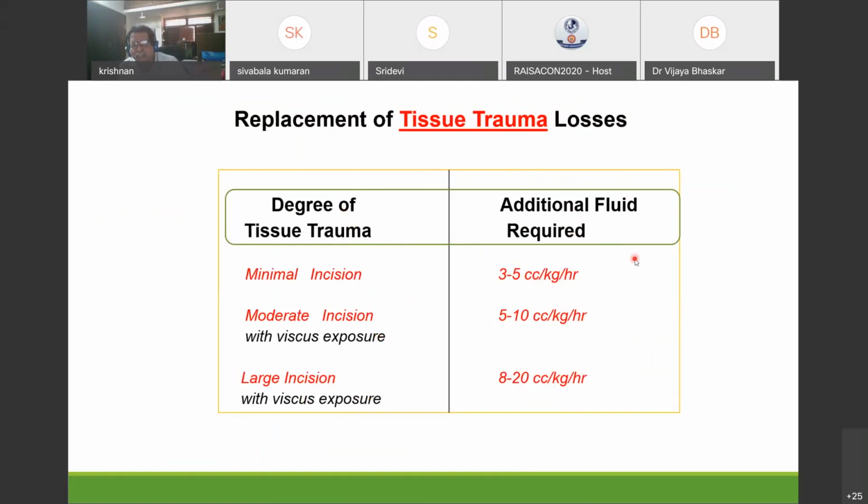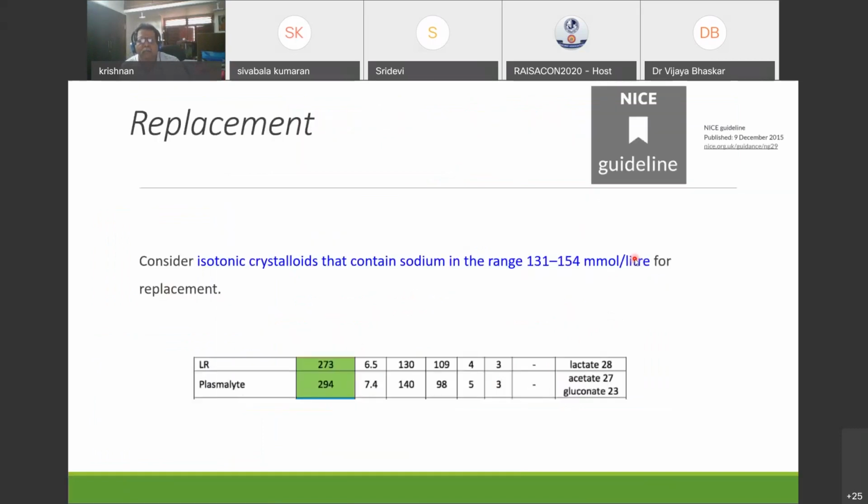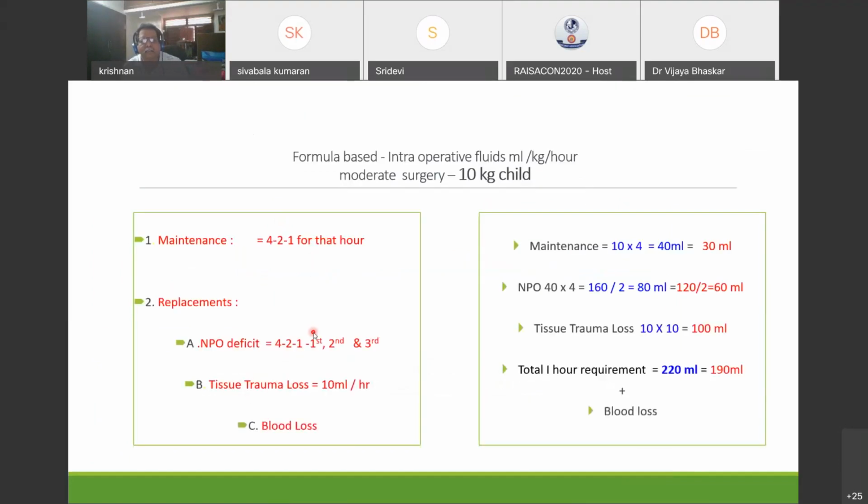And once again, it has to be given as isotonic fluid alone. So replacement, we always said isotonic crystalloids, they should have 131 to 154, LR or Plasma-Lyte. Why I am repeating these slides is, I just want you to get into your mind that you give only isotonic fluid for both maintenance as well as for replacement.